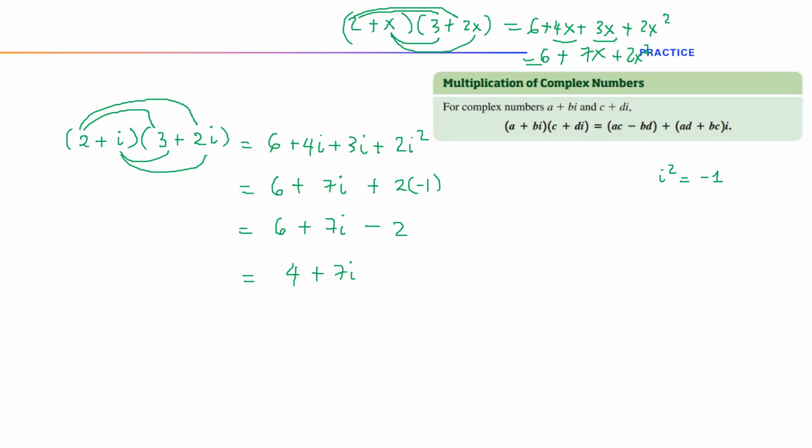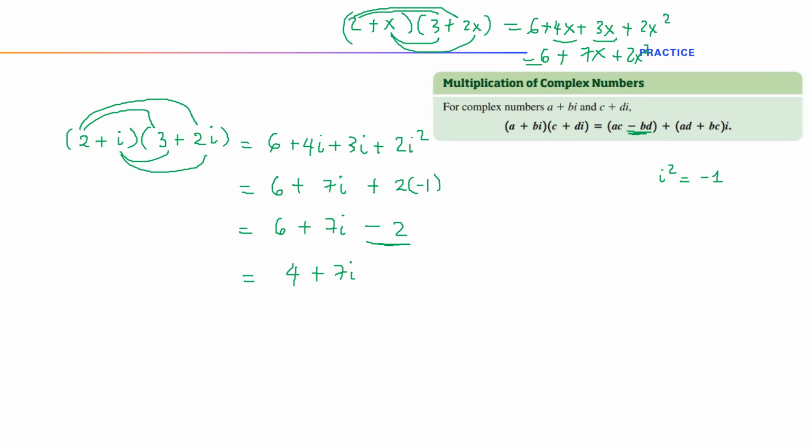Okay, without looking at the formulas, we can also do it with the formula. You see what is the minus bd? In this case it is minus 2.